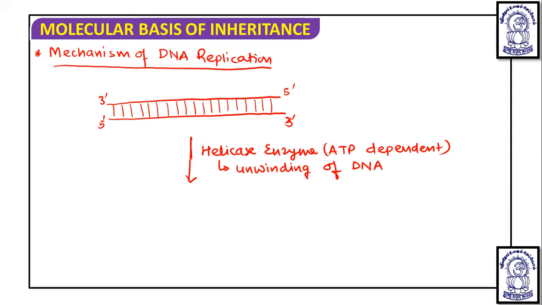Now the helicase enzyme carries out unwinding of DNA, and the unwinding of the DNA molecule into two strands results in formation of a Y-type structure like this.